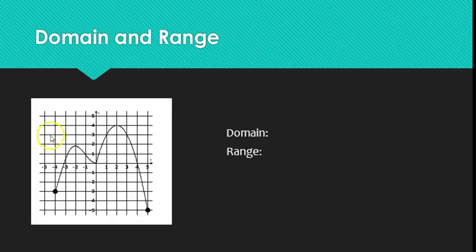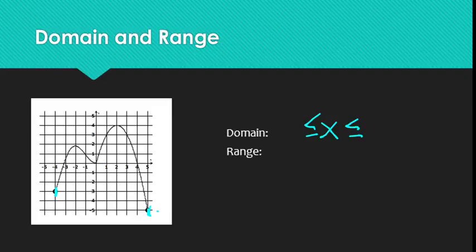All right. Let's take a look here. Our domain is our x values. So we're looking, here's the furthest left and here's the furthest right. They're both closed off. So my domain is going to look like this. It's going to have the line underneath my inequality.